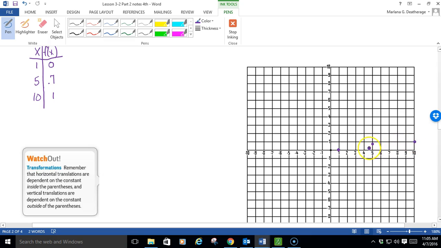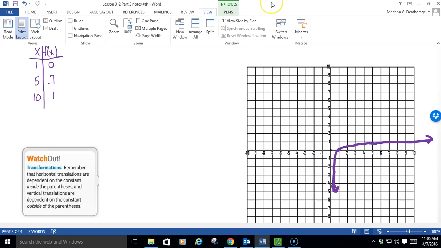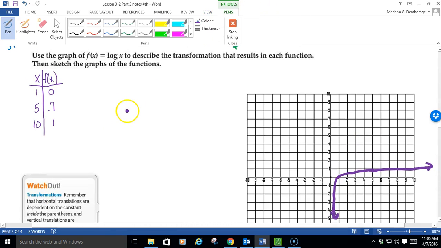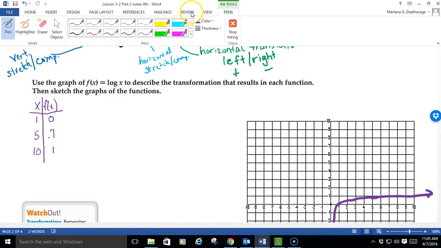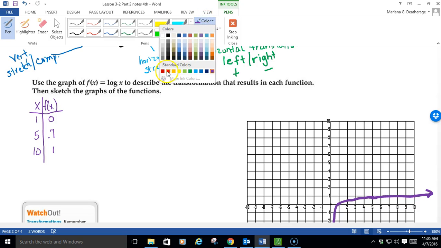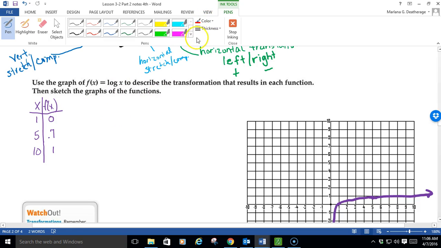Now notice with this one, it starts flattening out really quickly, doesn't it? So it almost looks horizontal. All right, now what we want to do now is graph, because I haven't told you what we're graphing yet, the transformation.